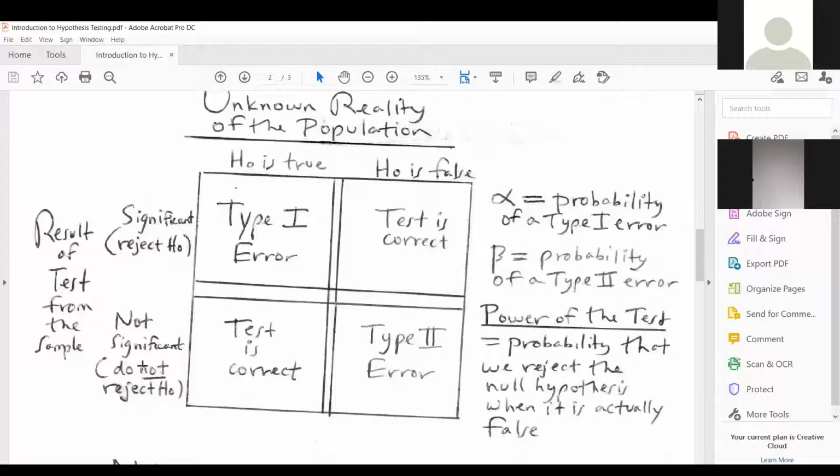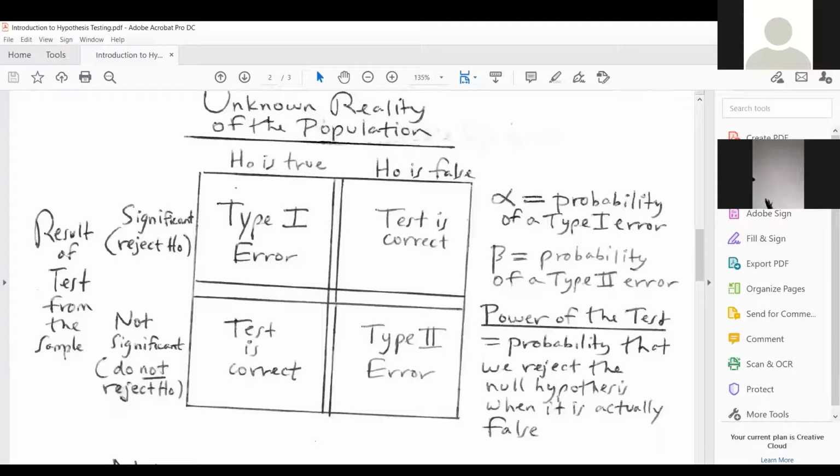Now you have to remember we have sample data. A sample is a small subset of the entire population. And typically when we do hypothesis testing, we really don't know anything about the population parameter. We don't know what the true value is. Otherwise, we wouldn't bother with the test.